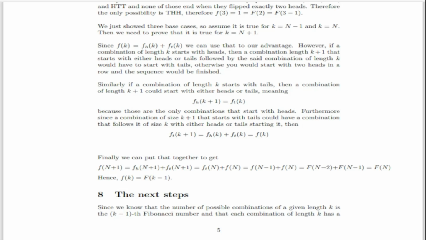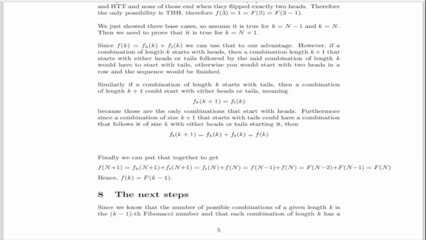Furthermore, since the combination of size k plus 1 that starts with tails could have a combination that follows it of size k with either heads or tails starting it, then f sub t of k plus 1 equals f sub h of k plus f sub t of k, which equals just f of k. Finally, we can put that together to get f of n plus 1 equals f sub h of n plus 1 plus f sub t of n plus 1, which is also equal to f sub t of n plus f of n, because we made the substitutions for f sub h and f sub t.